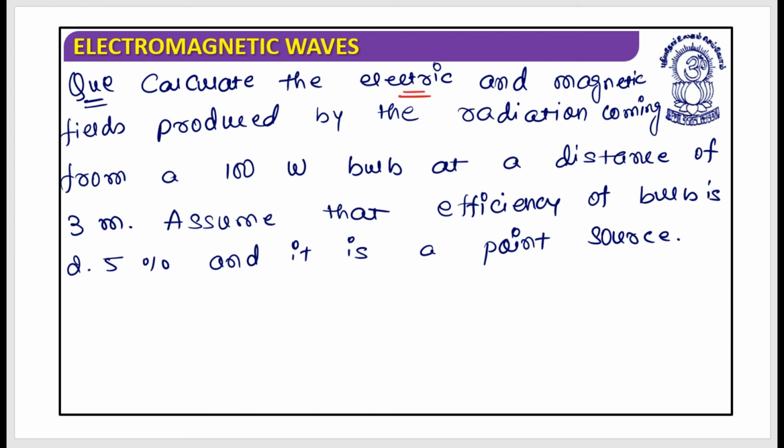What do they want? We want the electric and magnetic fields produced by the radiation coming from a 100-watt bulb. The power is given, 100 watt, and the distance from the bulb is 3 meter. One more very important term is given, that it has an efficiency of 2.5 percentage only.